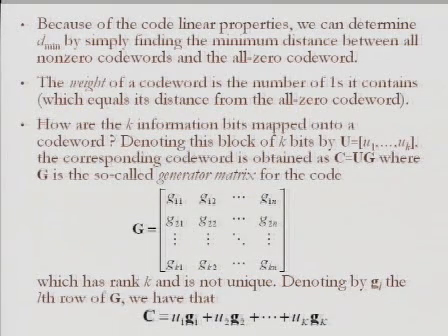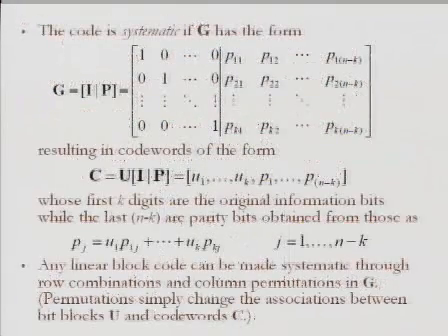So this multiplication, U times G, can be broken down as follows. The code word is equal to the first bit in the block times the first row, plus the second bit in the block times the second row, and so on. So you add each of the bits multiplied by one of the rows of the matrix G, and that added up gives you the code word C.